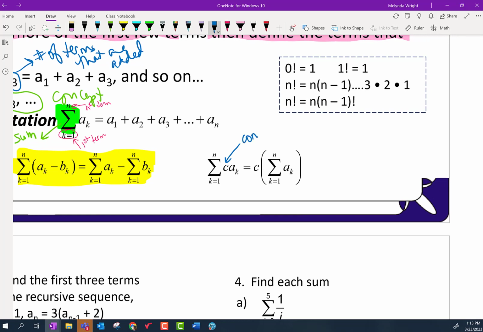So hopefully we're good with that vocabulary word. Constant means like a number, like 5 or 2, a constant. We are allowed to pull that outside the summation and then apply it afterward. So just again, another concept to be aware of.